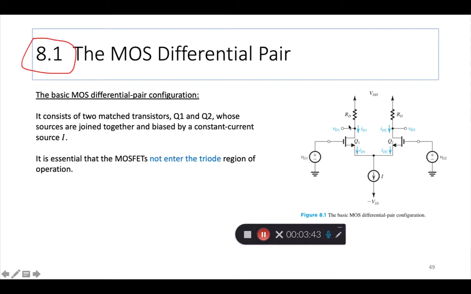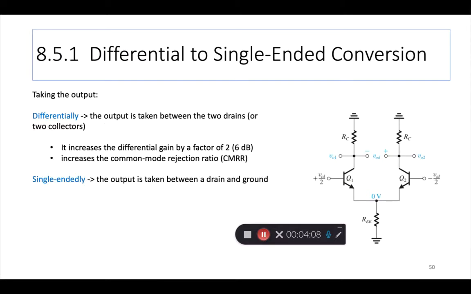The output is taken between the drains, right? So that's the basic configuration, and we spent a lot of time understanding differential input, common mode input, and all that. So yeah, nothing more I want to say there.